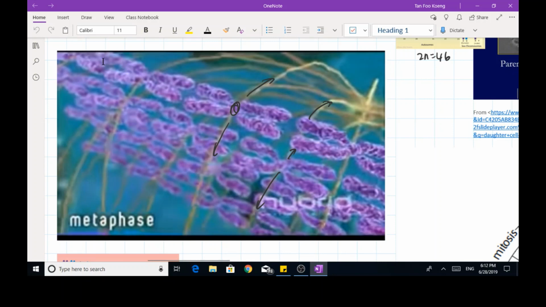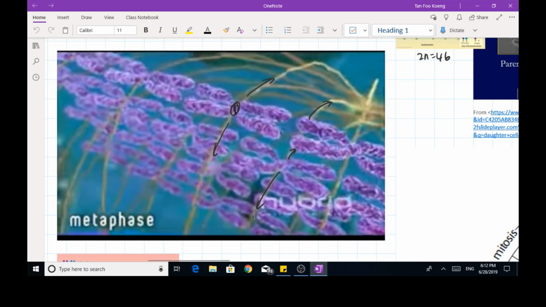You can't align them in one straight line. That's why, if you look at this diagram, which is just to illustrate, this is the first layer, the second layer, third layer, and the fourth layer. So the sister chromatids are arranged in 4 layers. And then during metaphase, the spindle fibers are fully formed. Where do they attach to? They attach to the centromere.